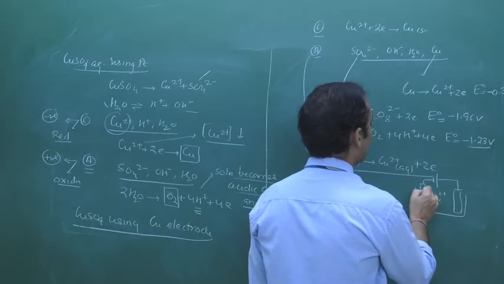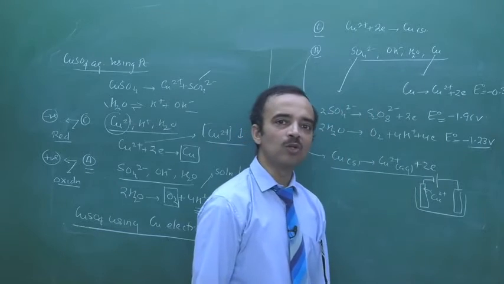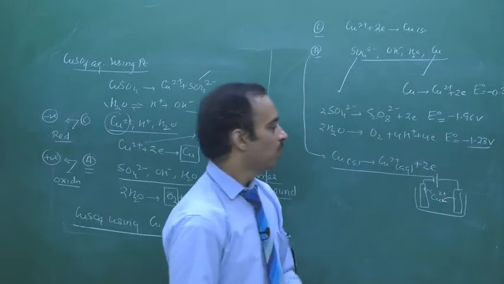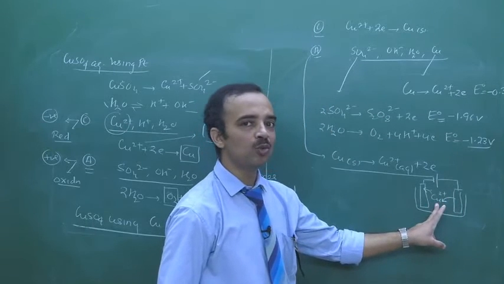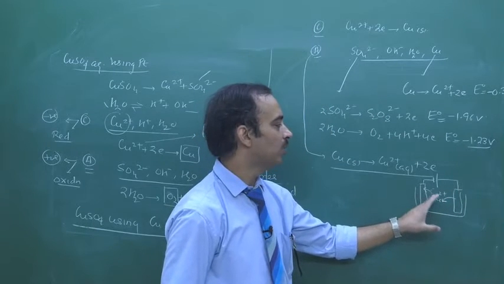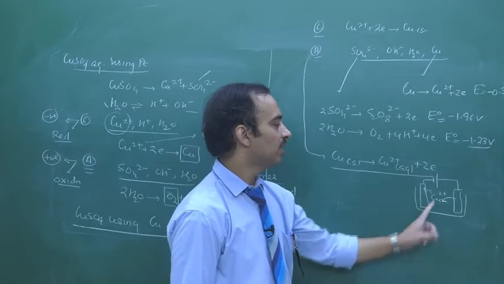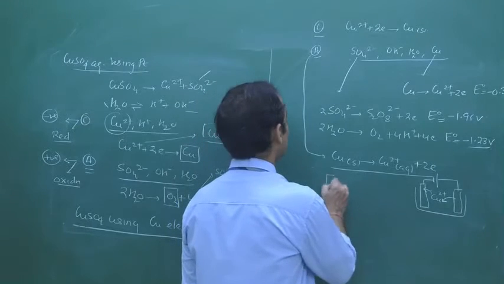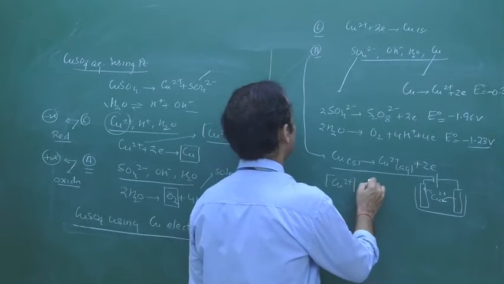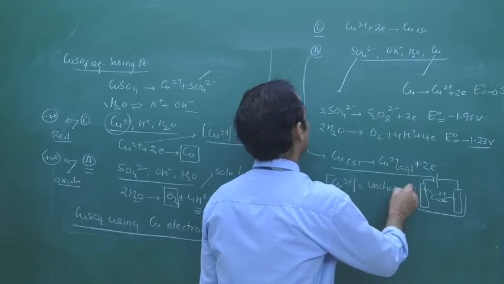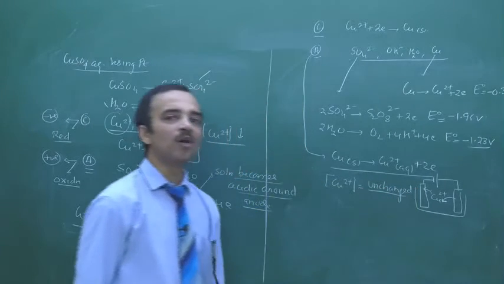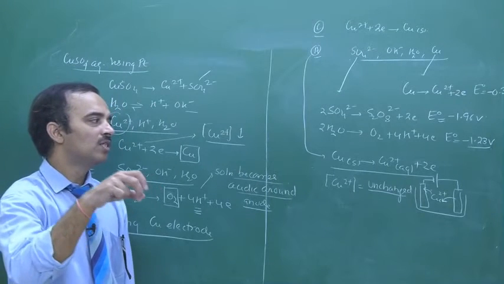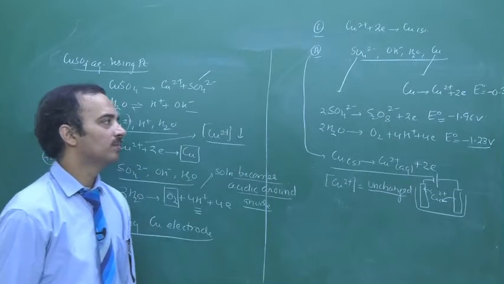Cu2 plus ions are going out of the solution, and they are coming into the solution also. From the anode they are coming into the solution, and at the cathode they are going to the cathode. That means the concentration of Cu2 plus will not change in the solution. Why? Because the number of moles of Cu2 plus ions reduced is the same as the moles of Cu2 plus ions formed.